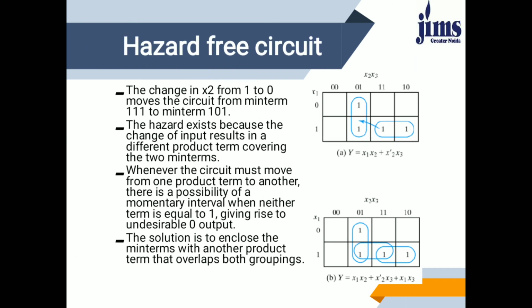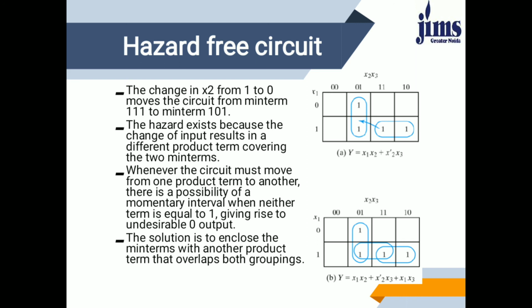Now, what are hazard-free circuits? If we want to free the circuit of hazard, then how can we develop a hazard-free circuit? Just by adding a redundant term, meaning the term we leave out during the K-map generation, we need to add it because it gives an alternate path through which output will be generated without any delay.